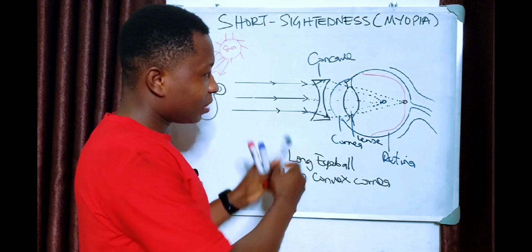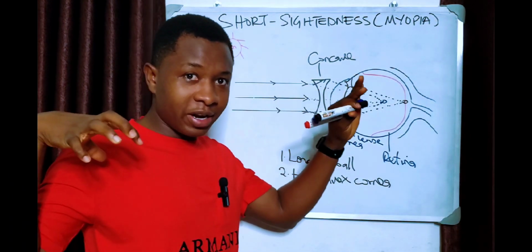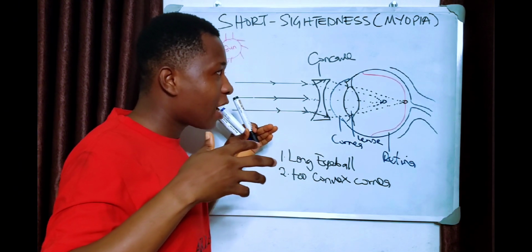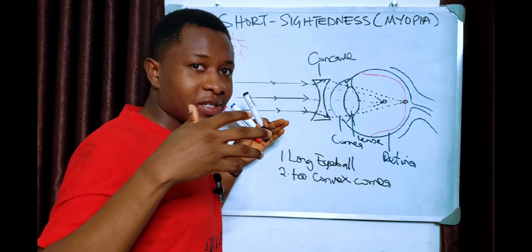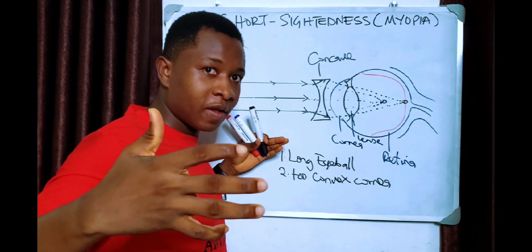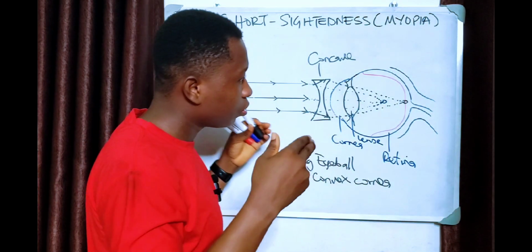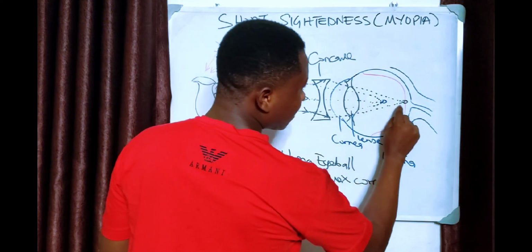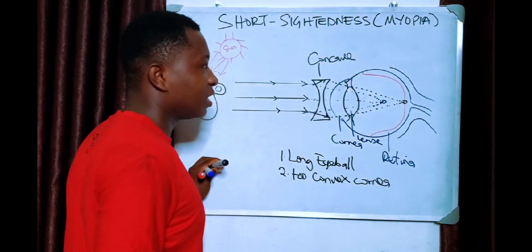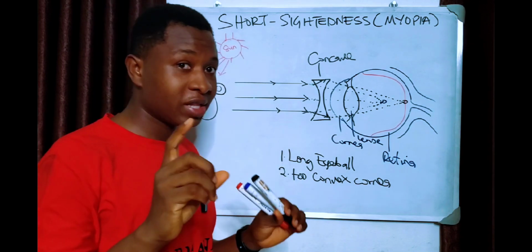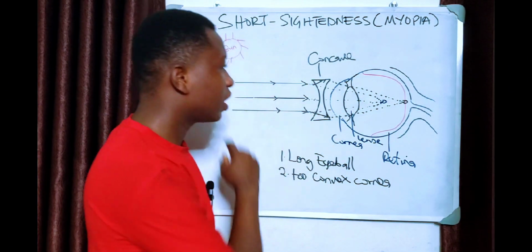It spreads the light ray so that when it's entering, it has a longer distance to cover because it is further apart. It has to go a long distance before it gets to the retina. So this is how this condition can be corrected using the concave lens.